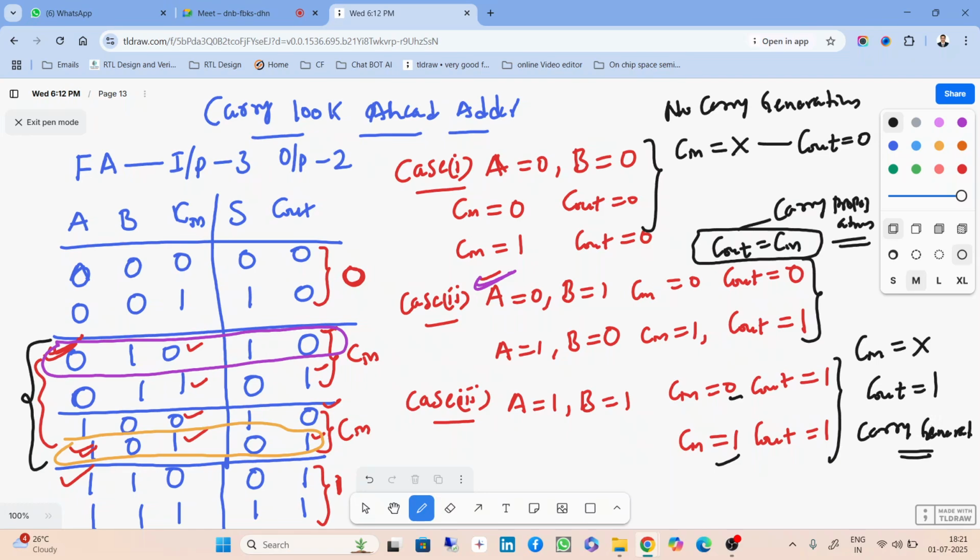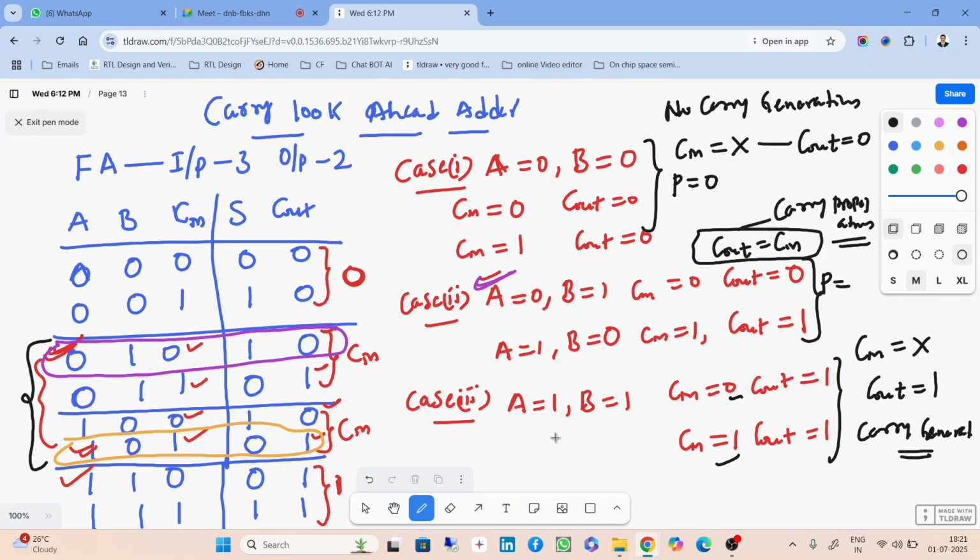So can you say the expression for carry propagation? Suppose A is 0, B is 1, you are getting C out equal to 0. And A is 1, B is 0, C input is 1, C out equal to 1. So from this, A 0, B 0 gives propagation equal to 0.